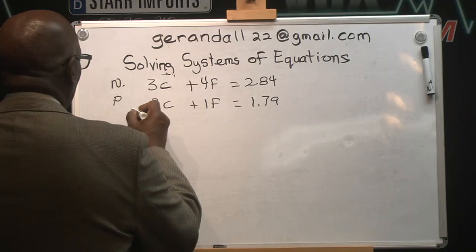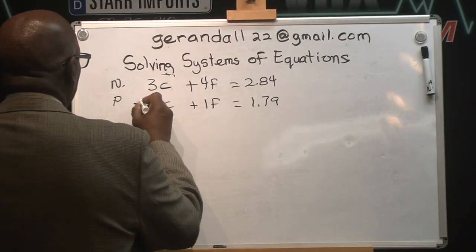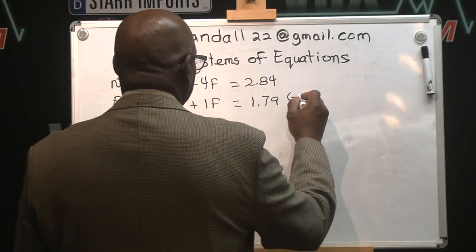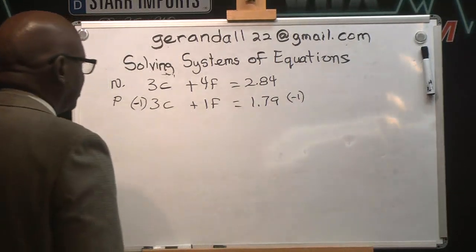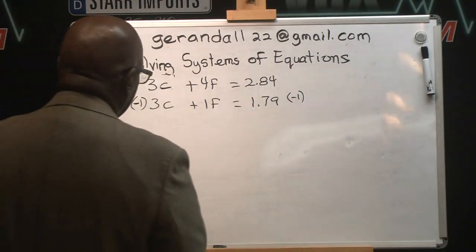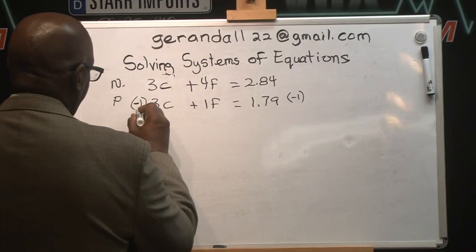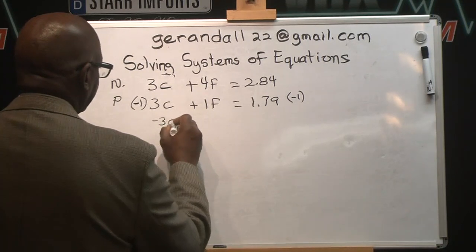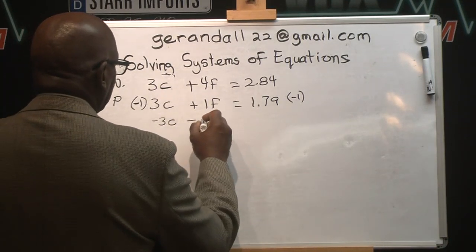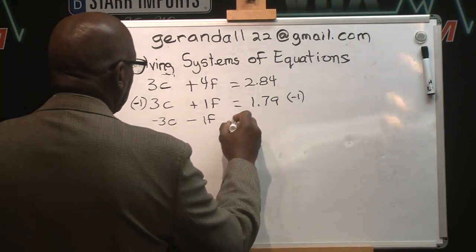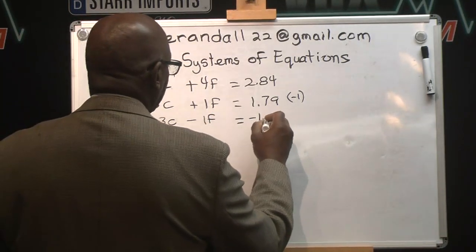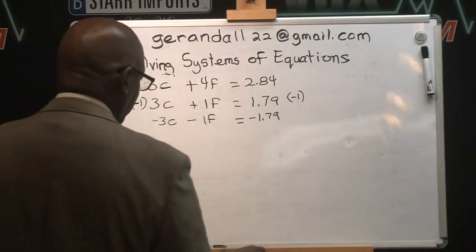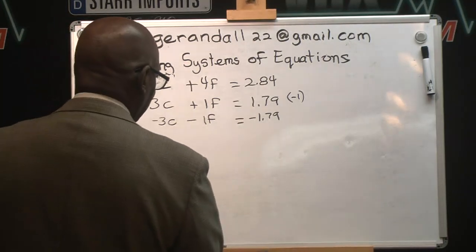For example, we could multiply this bottom equation by -1. And what happens with that is -1 times 3c, so -3c, minus 1f, minus $1.79. Now, we don't have negative money, but for this purpose, it didn't change the value.